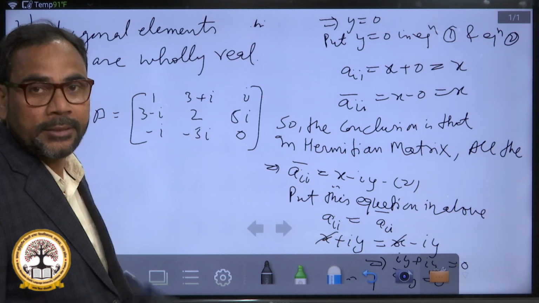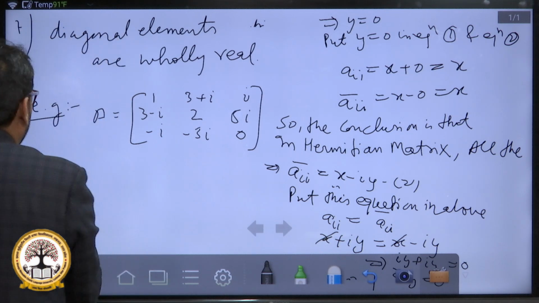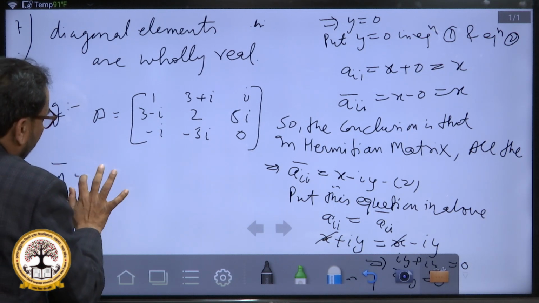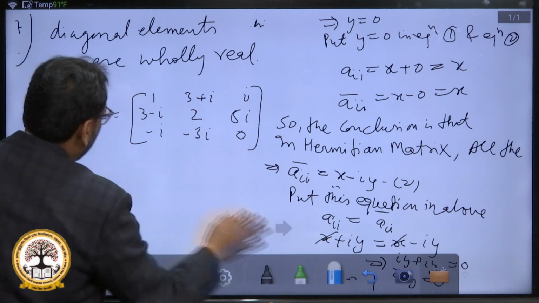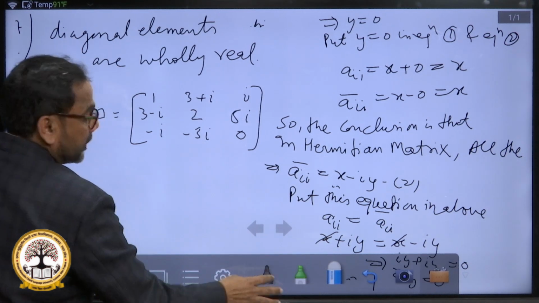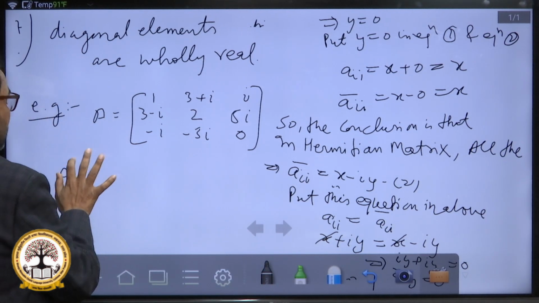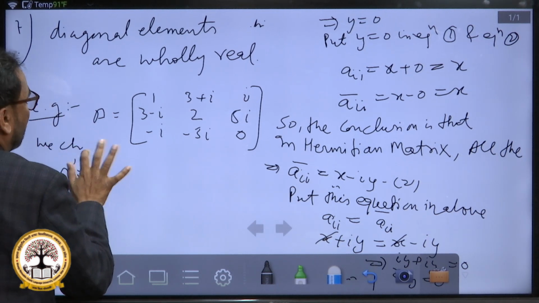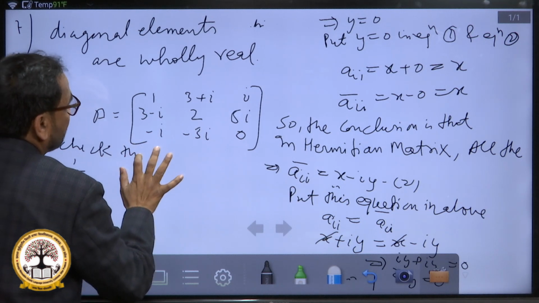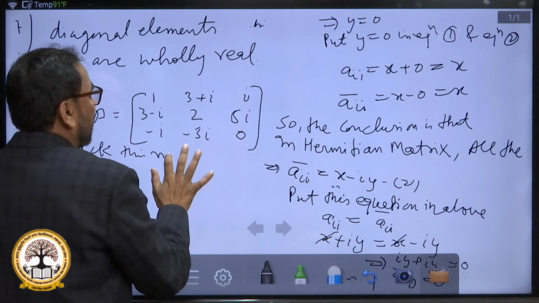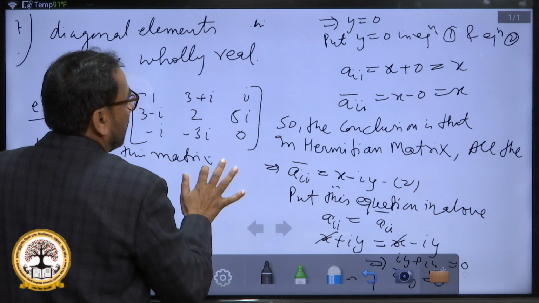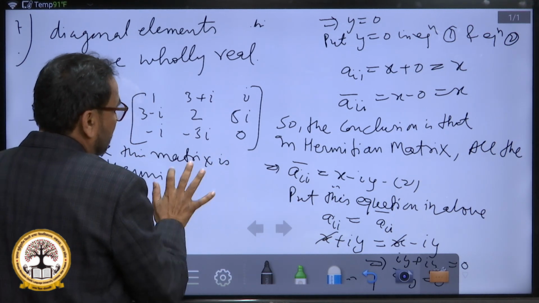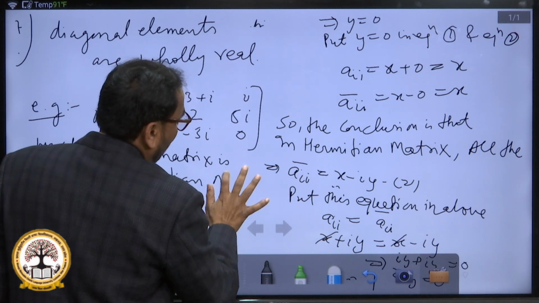Now we check this matrix. First we find A dash. A dash means transpose of the matrix A. We check whether this matrix is Hermitian or not.